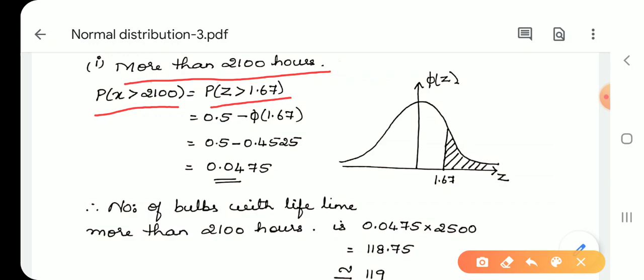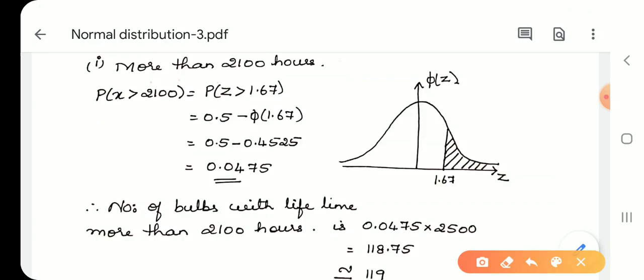If we represent this graphically, we get a bell-shaped curve as shown here in the figure. So if I mark 1.67 here, we have to find the region greater than 1.67. It is shown in this shaded part. We have to find the area of the shaded portion.